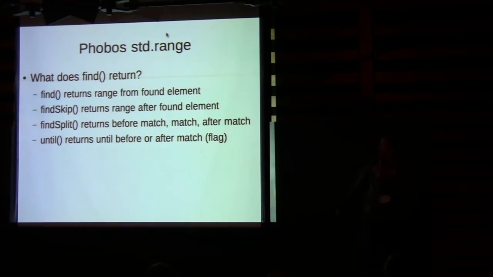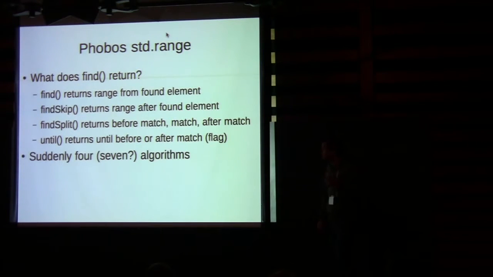And there's until, which actually returns a range adapter that iterates until it finds that element, and you give it a flag to specify whether you want that element included or not. And by the way, findSplit has 2 variants that just return 2 ranges, where one returns everything until before that element plus everything from that element, and one returns everything until including that element and everything after.